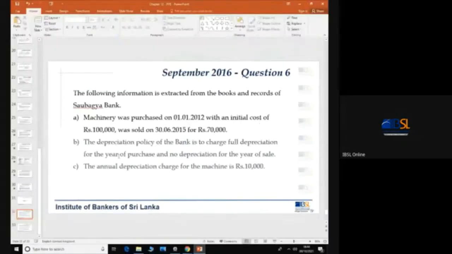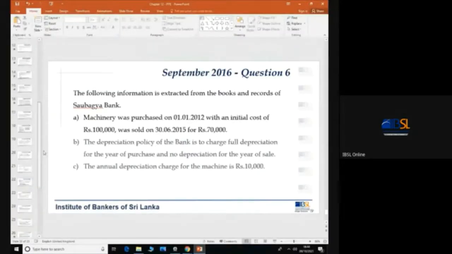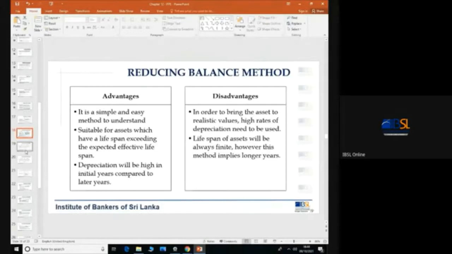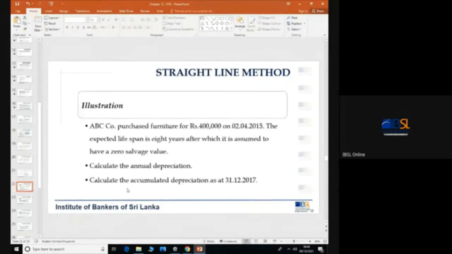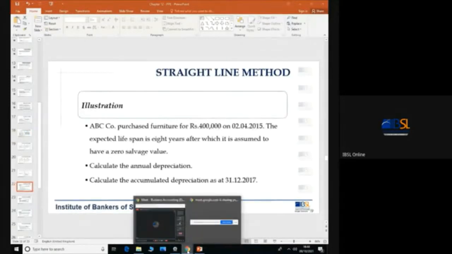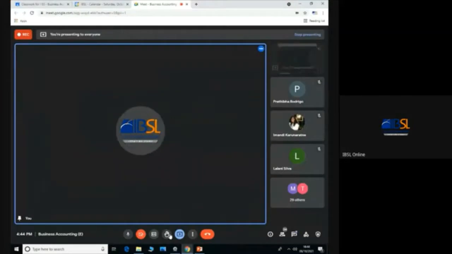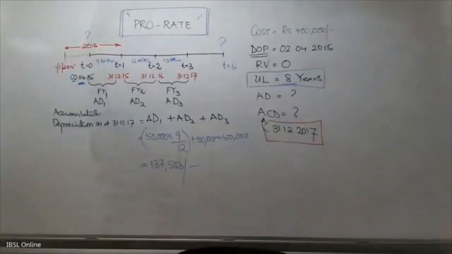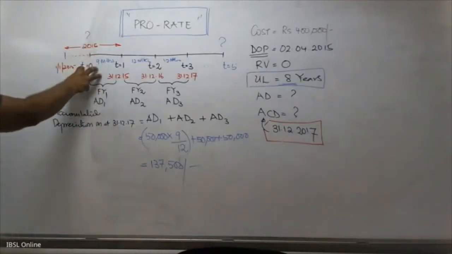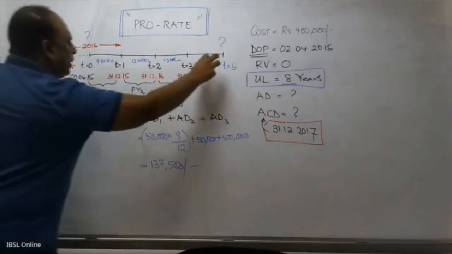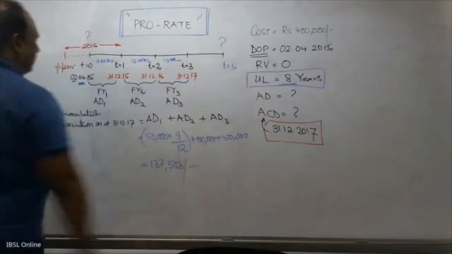So I didn't want to do that question now because we have to learn some more and then only we have to come to that question. But let's look at what we have been looking at so far, right? Now, if you go and apply the same theory here for this question, where they say full year depreciation in the year of purchase and no depreciation in the year of disposal.